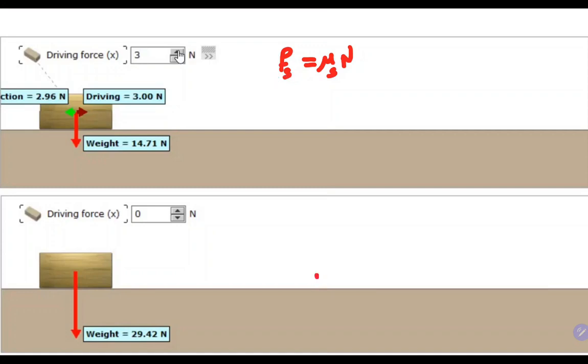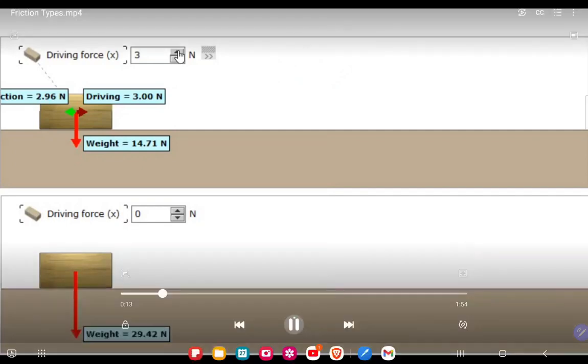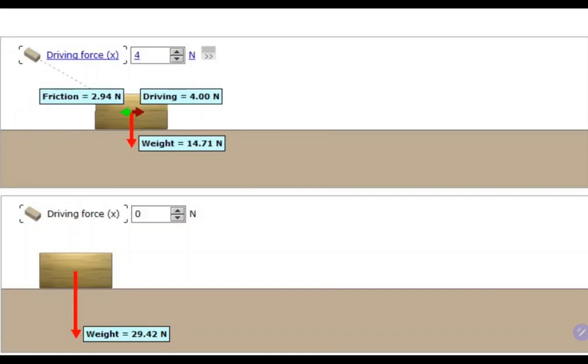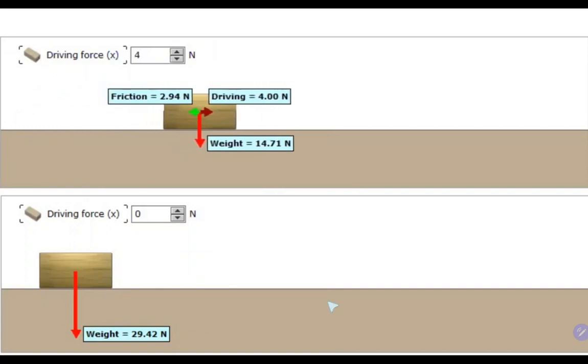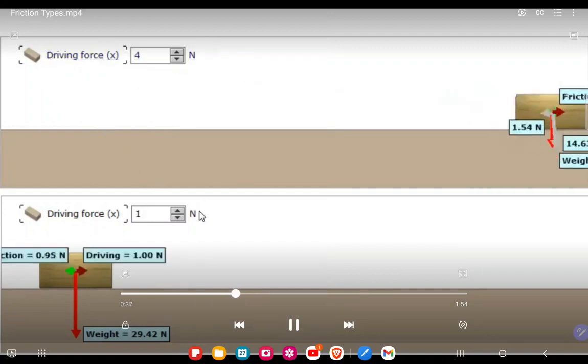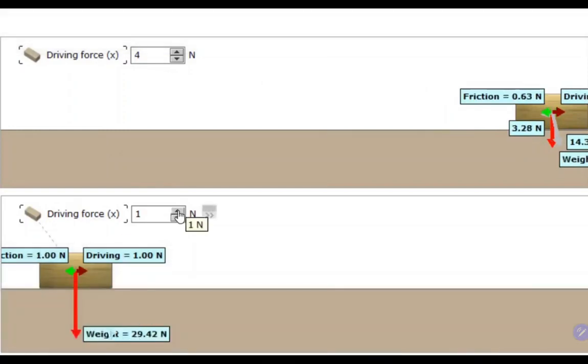Let's see here. The object starts to move, so the static friction is converted into kinetic friction, as in this case. In the second case, the weight of the second object is greater, so the mass is different.